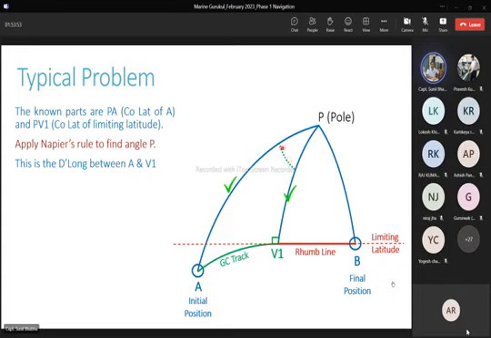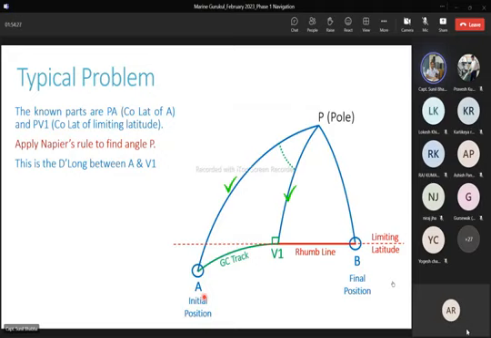Angle P of triangle PAV1. This angle is the angle at the pole contained between the meridian of A and the meridian of vertex 1. So this gives us the D long between A and V1. As soon as we have this D long, we can apply it to the longitude of A, which is our initial position.